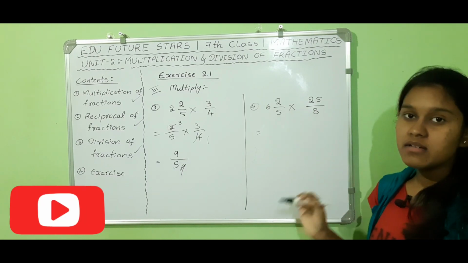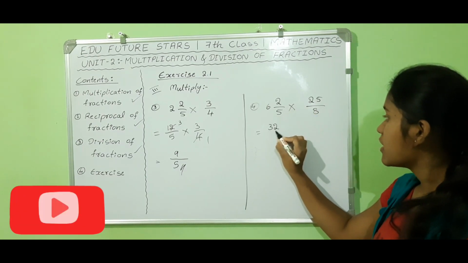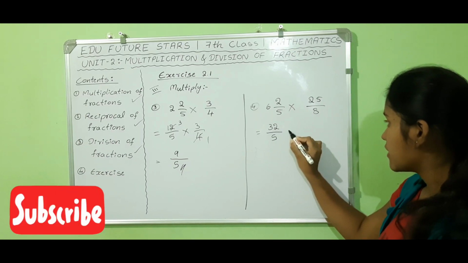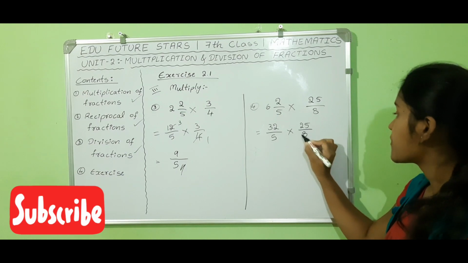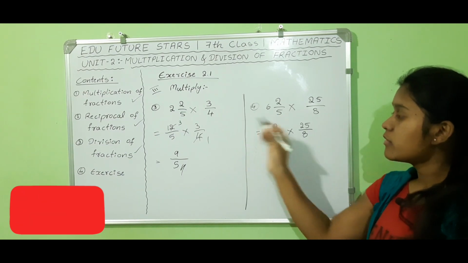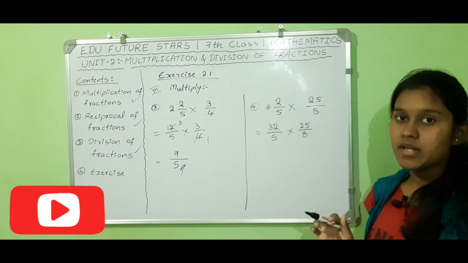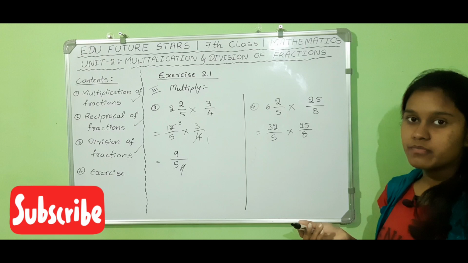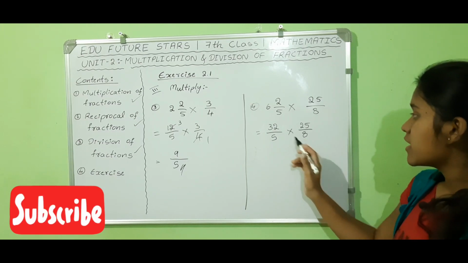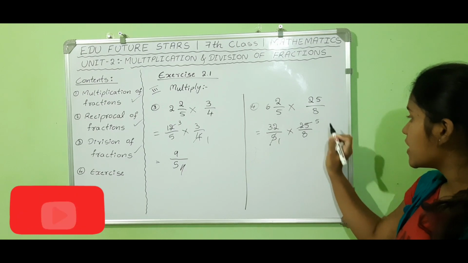6 5s are 30. 30 plus 2, 32 divided by 5 into 25 and 8. Okay. So in this type of question, we have only one mixed fraction. The other one is a normal fraction, right? So here we just convert the only one mixed fraction. Okay. So let's cancel these two now. 5 1s are 5. 5 5s are 25.